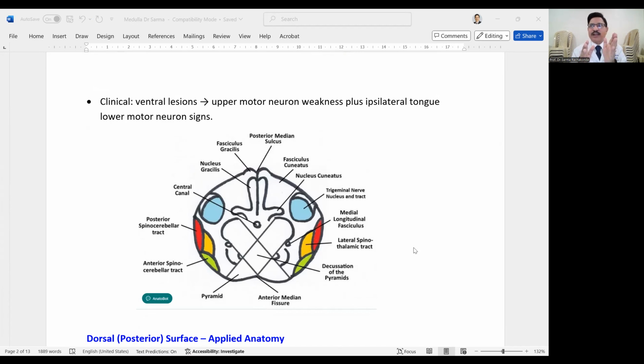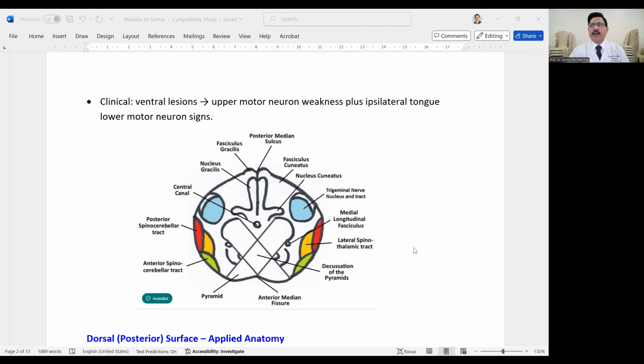So ventral medulla involvement produces corticospinal involvement, and naturally they will cross after that, giving contralateral corticospinal tract signs, and ipsilateral 12th nerve signs. The 12th nerve is a lower motor neuron type of involvement, which means there will be wasting, fasciculations, and loss of power, so much so that the tongue is pushed to the same side as the lesion because of the unopposed action.